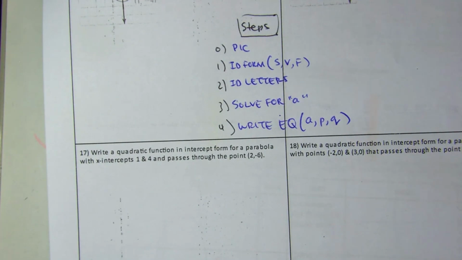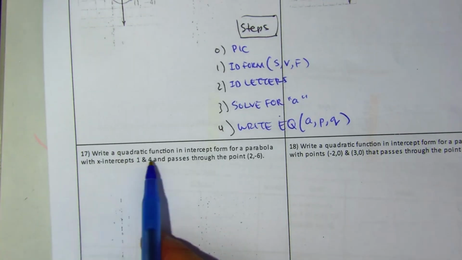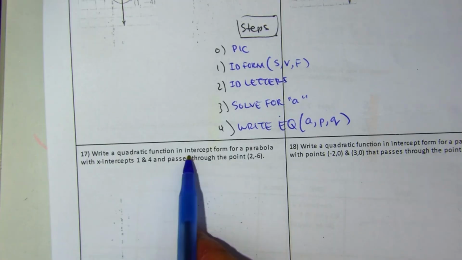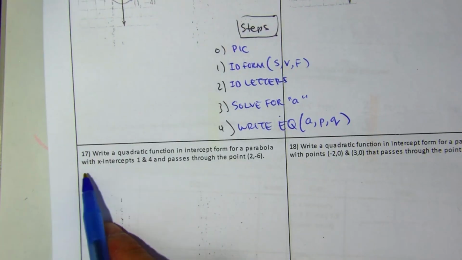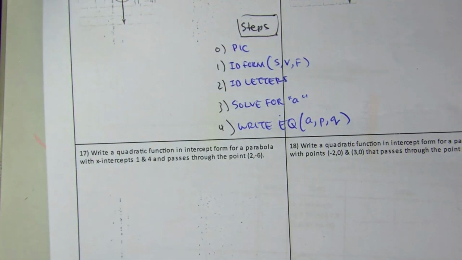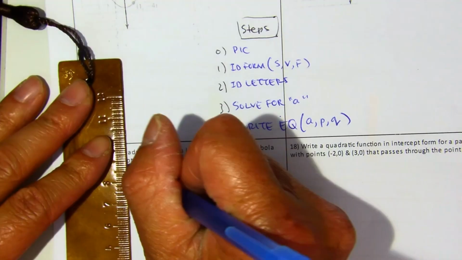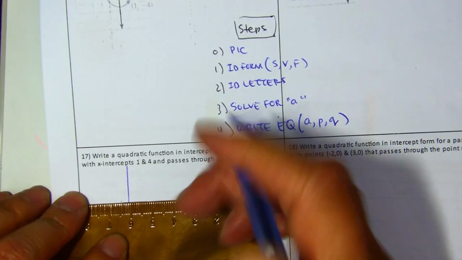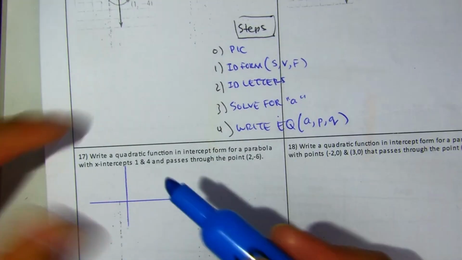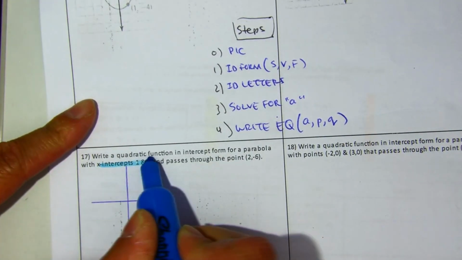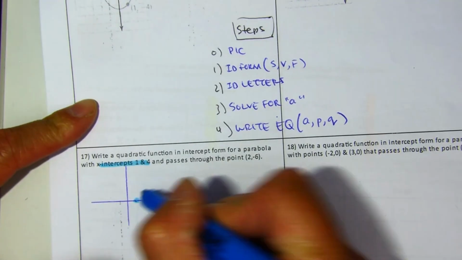Let's try question number 17. Write a quadratic function in intercept form. So they gave me a clue, but in tomorrow's quiz I may not give you that clue. For a parabola with x-intercepts 1 and 4. Let's draw a quick graph. The x-intercepts are positive 1 and positive 4.